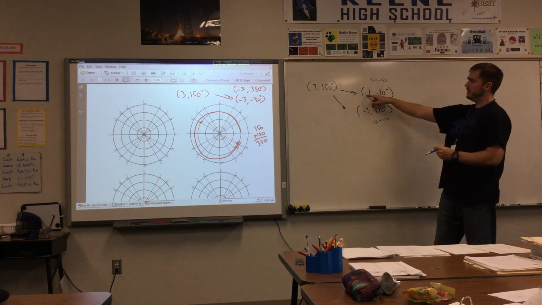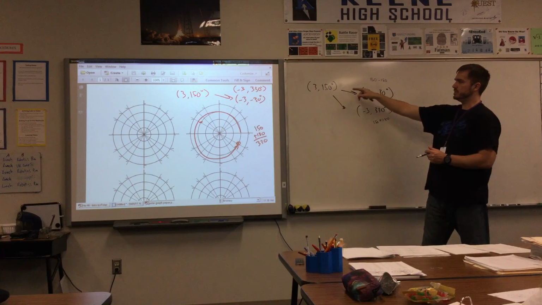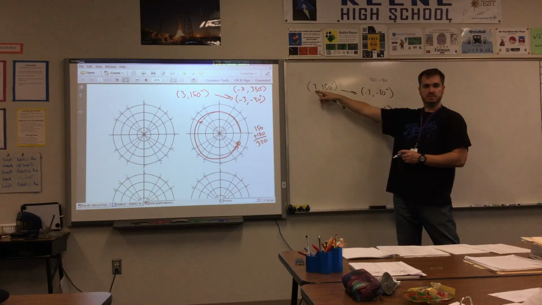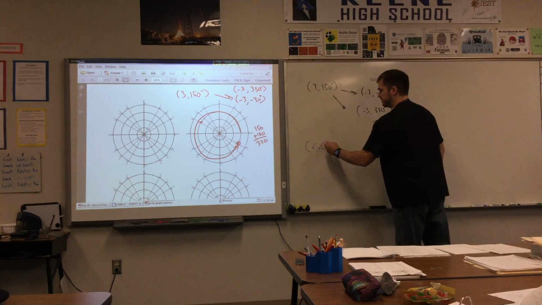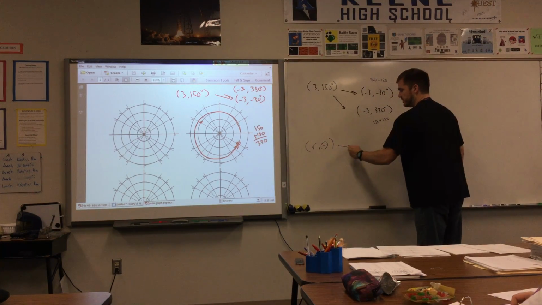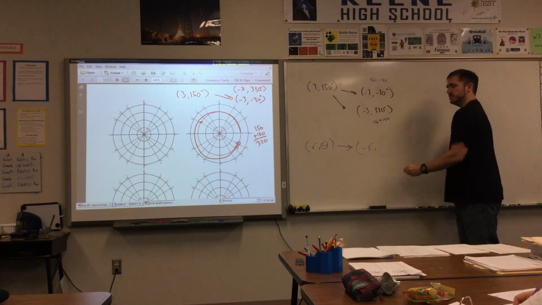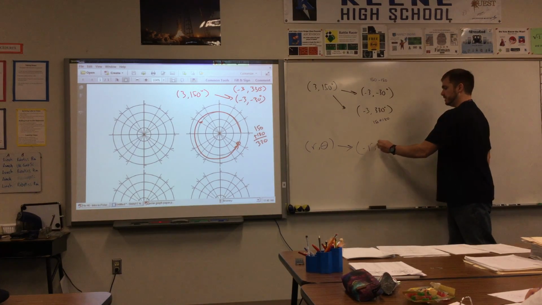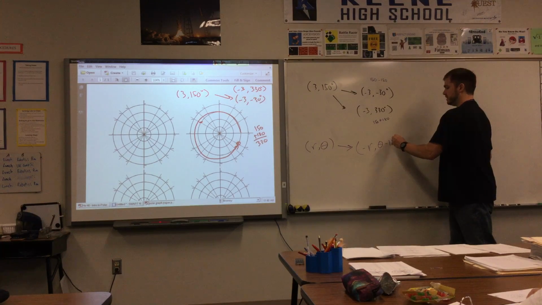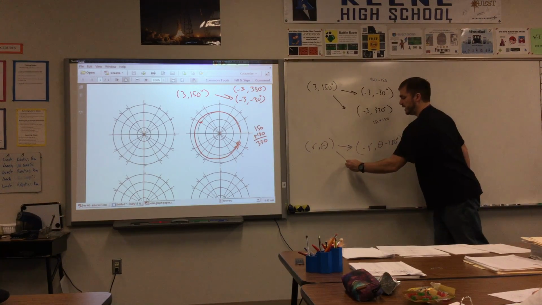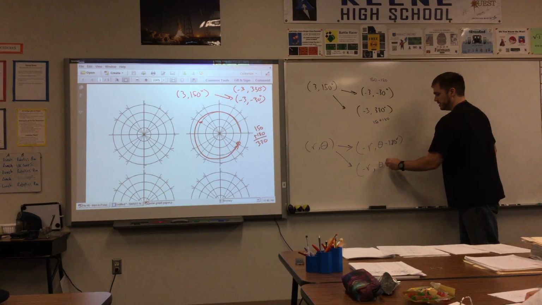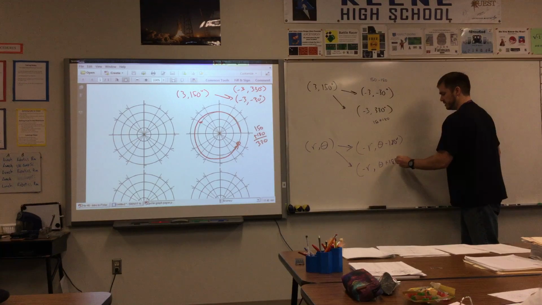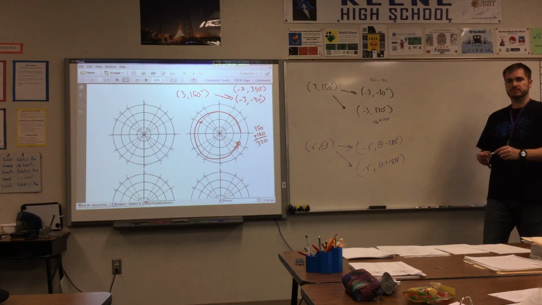And then this -3 was just whatever the opposite was of that magnitude. So generically speaking, if I have r, theta, I could convert that into -r, comma, theta minus 180, or I could convert it into -r, theta plus 180. Are y'all comfortable with that?